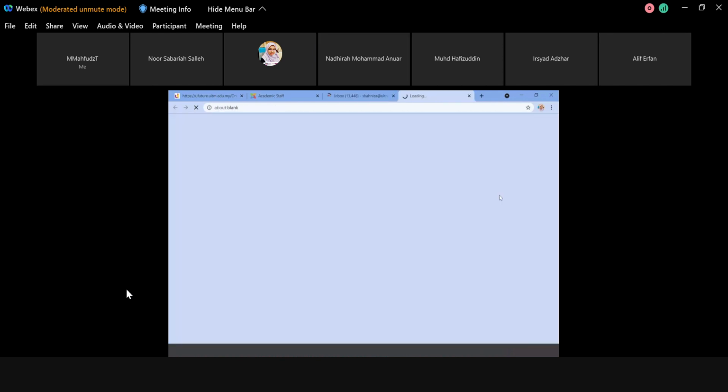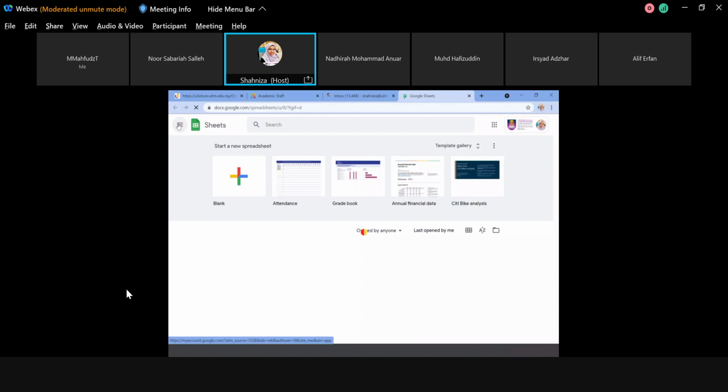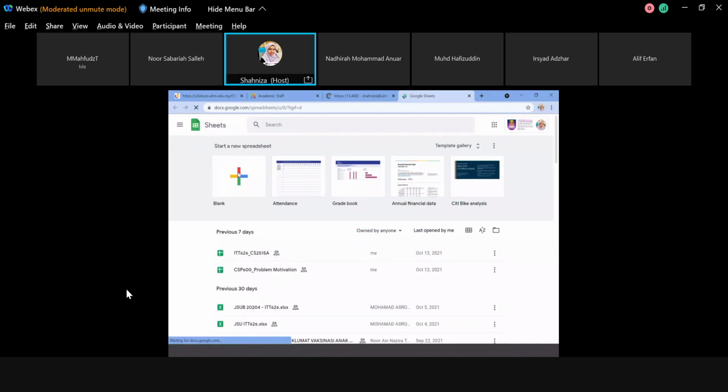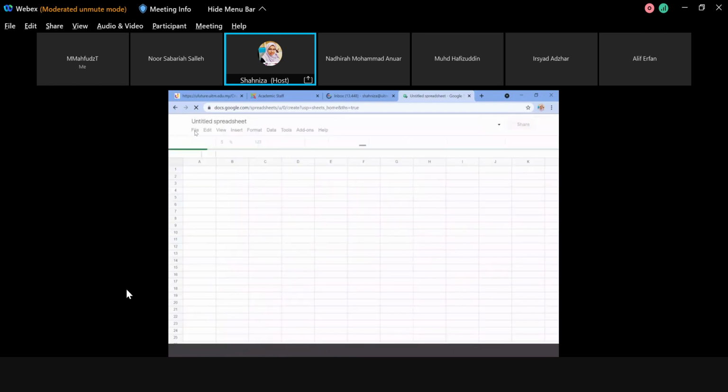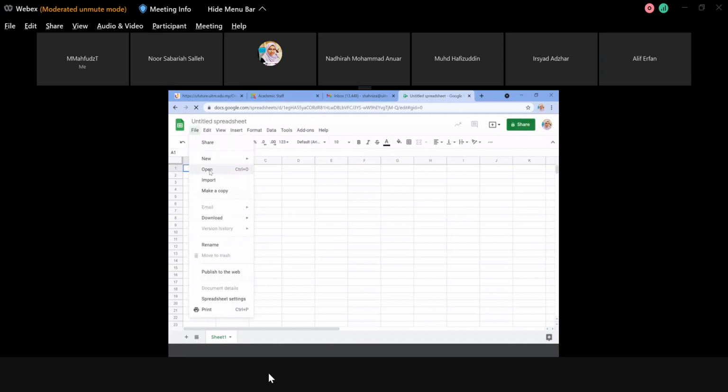Kejap saya cuba open blank. Nampak saya tengah buat apa ni? Nampak tak? Nampak. Nampak doktor? Spreadsheet. Nampak kejap.